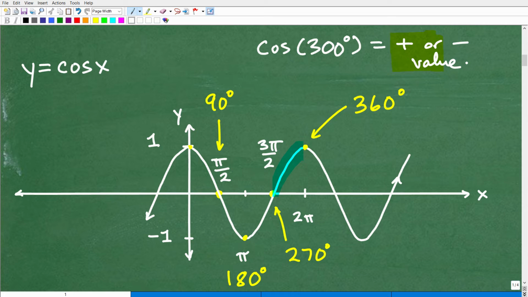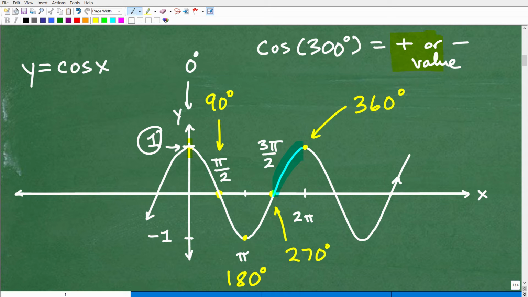Now, hopefully you're familiar with the graph of cosine. This is the basic graph. It starts here at 0 degrees, and it goes like this. This is one period, one wavelength of the graph, not to be confused with the sine graph. At 0 degrees, we start with an amplitude or value of 1.